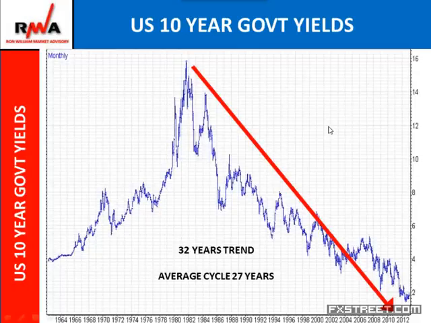The average long-term cycle in bull or bear markets in long-term government yields is about 27 years. So we've already overextended this trend in time terms, and certainly a lot of you have already spoken about the potential risk of higher interest rates over the next few months or years based on quantitative easing and all the economic and political risks. But keep in mind that on a long-term cyclical basis, this move is very stretched, and on that basis we might see a change.